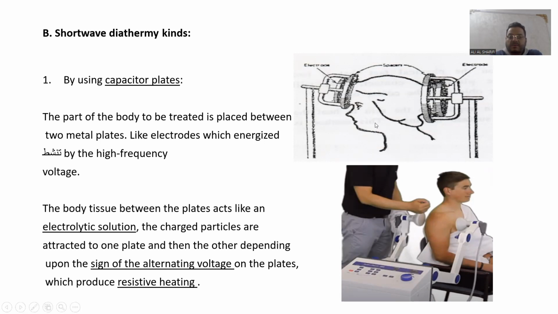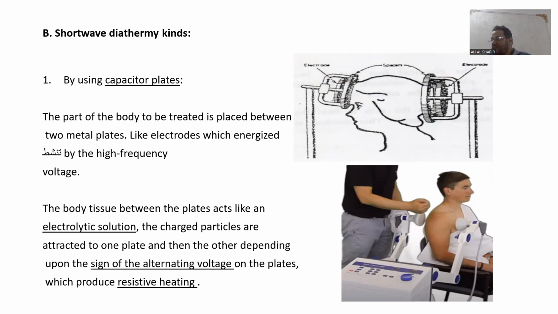Here, the head, the shoulder, any tissue you want to treat will act like a resistance. When electric current is applied to a bad conductor, this bad conductor will generate heating. Why?